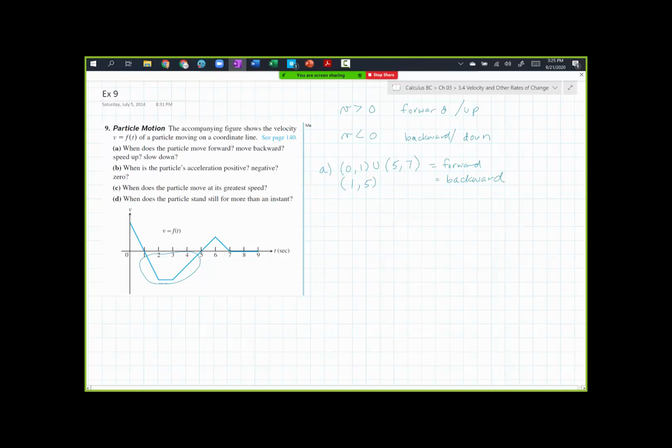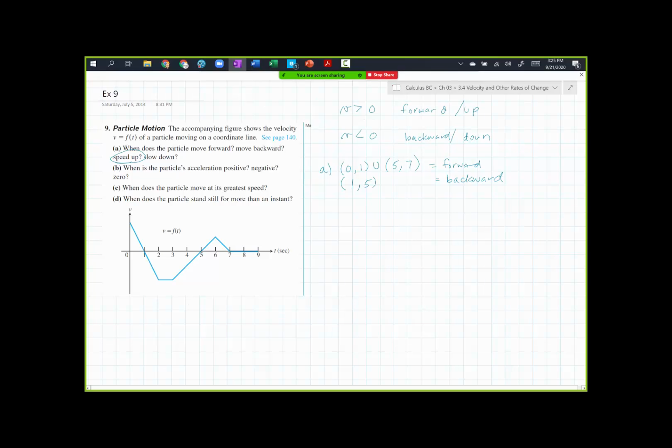Now here's the tougher one. When is it speeding up? Which we did not define in class yesterday. We're going to define speeding up two different ways. First of all, speeding up and slowing down have to do with speed, not velocity.